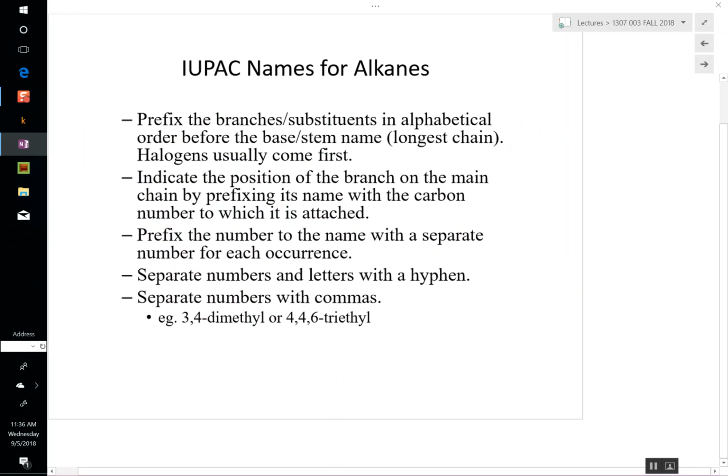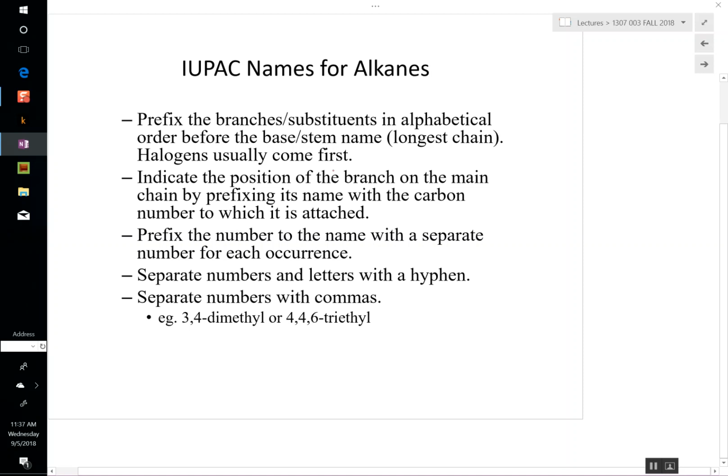All right, so prefix this branch of substituents in alphabetical order before the base stem name. Halogens usually come first, but we don't have any halogens on here yet. Indicate the position of the branch. Separate numbers and letters with a hyphen. Separate numbers with commas.